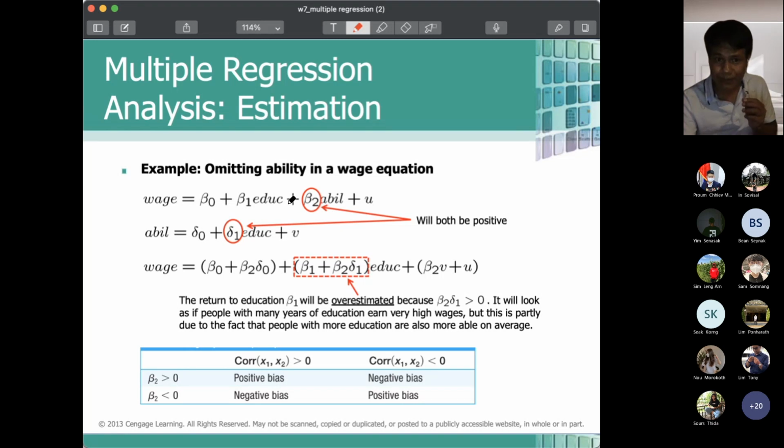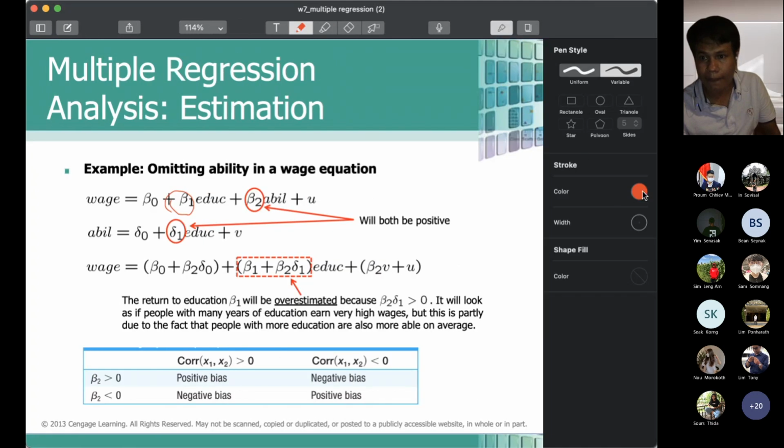But assuming that you fail to include ability in your model, so you only estimate the effect of education on wage. So as you can see here, all right, you will obtain a biased estimate. Originally, you want to estimate only delta 1, but when you exclude, wait a minute, let me change color. All right.